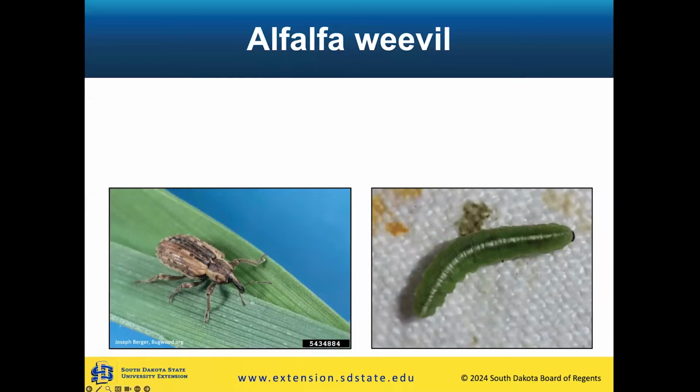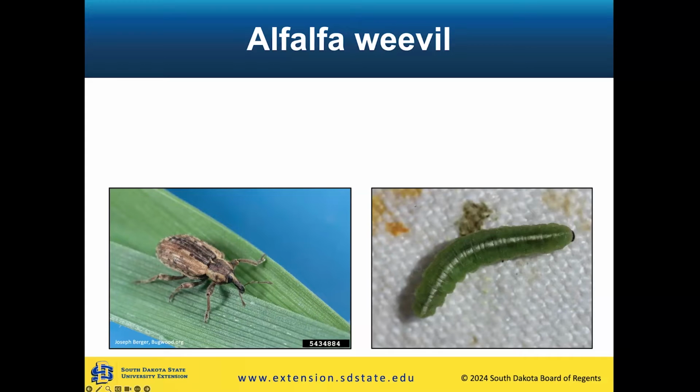Starting off, I'll go through several of these general insect pests of alfalfa. One that I'm sure a lot of people are familiar with is, of course, the alfalfa weevil. The larval stage is the most damaging with this pest.